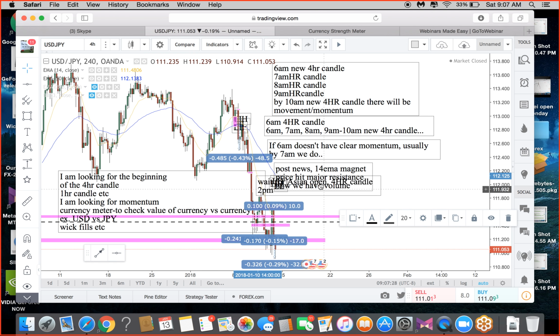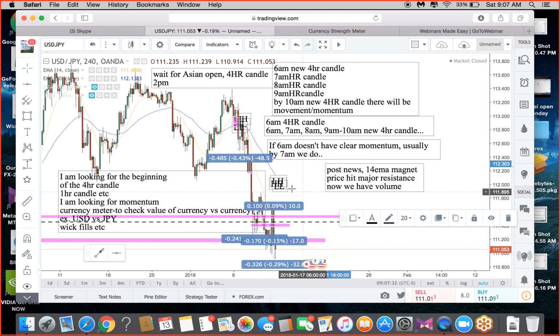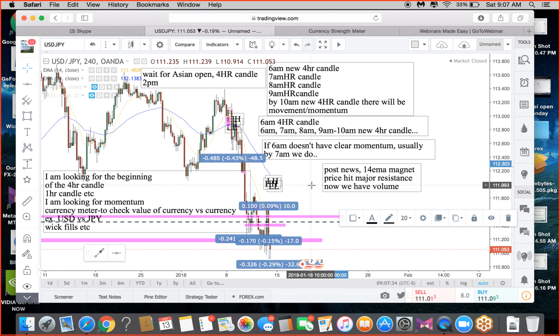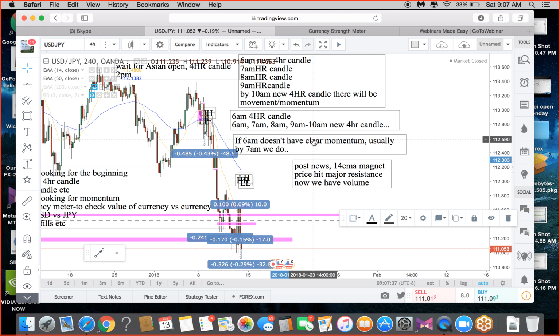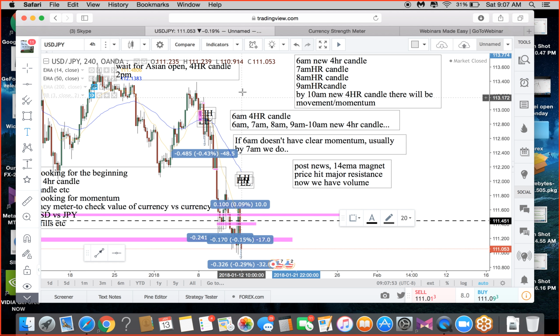We've got those 4-hour wick fills, etc. But what you've got to be paying attention to are those higher time frames. The 1-hour candles, the 4-hour, and the daily are like the most important. The 15-minute, you can spot your 2-2s, but they're really important for your stop loss. Really important for stop loss.